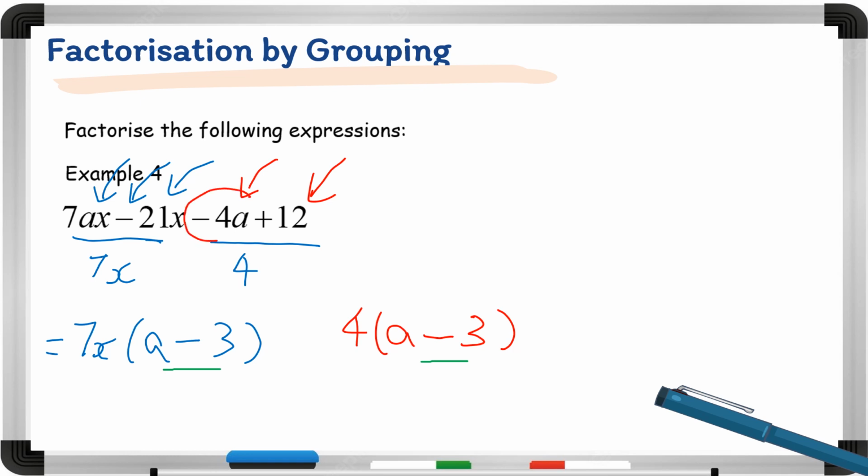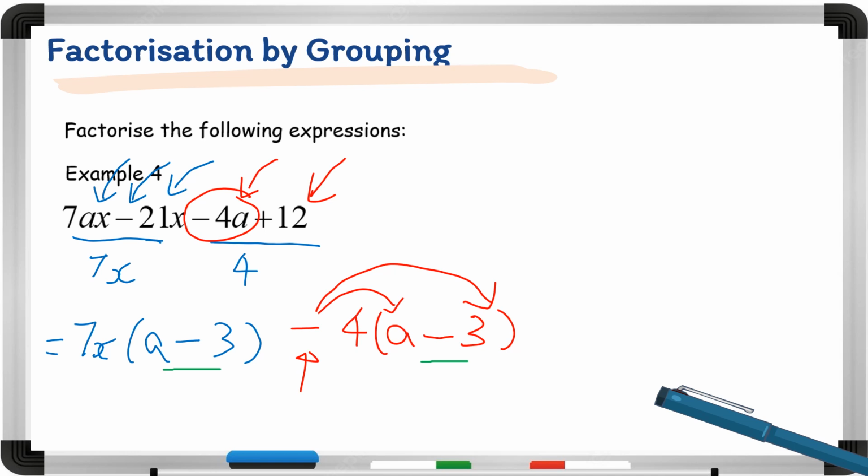How do we get negative 4a here? So the operation in the middle should also be a minus in order to get negative 4a. And here we will have minus multiplied by minus gives you plus 12. And we are on the right track. Once again, make sure that the two brackets have the same term and the same sign.